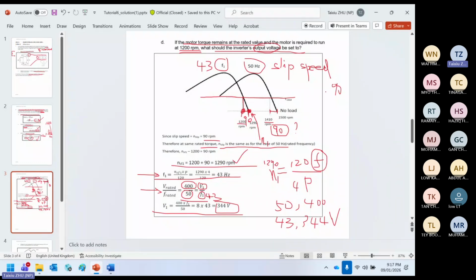If we use V over F control, something interesting: your slip speed will remain the same, 90 also. Can you accept this point? Here is 90, the rated condition. Now the frequency is lowered, but the distance here is still 90. That's the magic of the V over F control method.